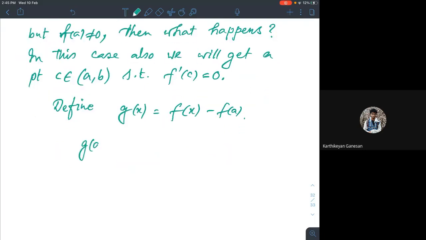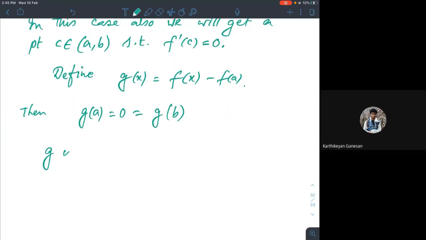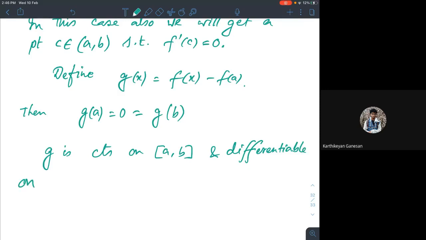Now g of a is 0, equal to g of b. Now g is continuous on the closed interval ab, and differentiable on the open interval ab.